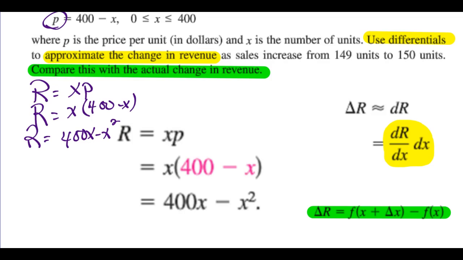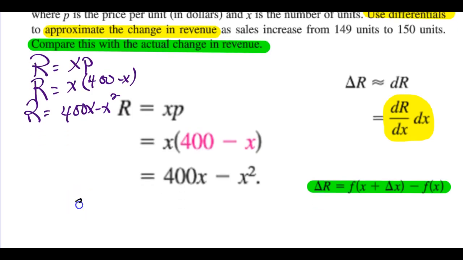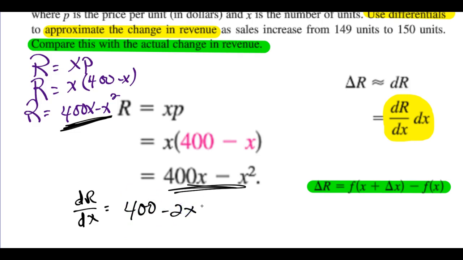So let's go find dR/dx. dR/dx is the derivative of the revenue with respect to x. So the derivative of this would just be 400 minus 2x.